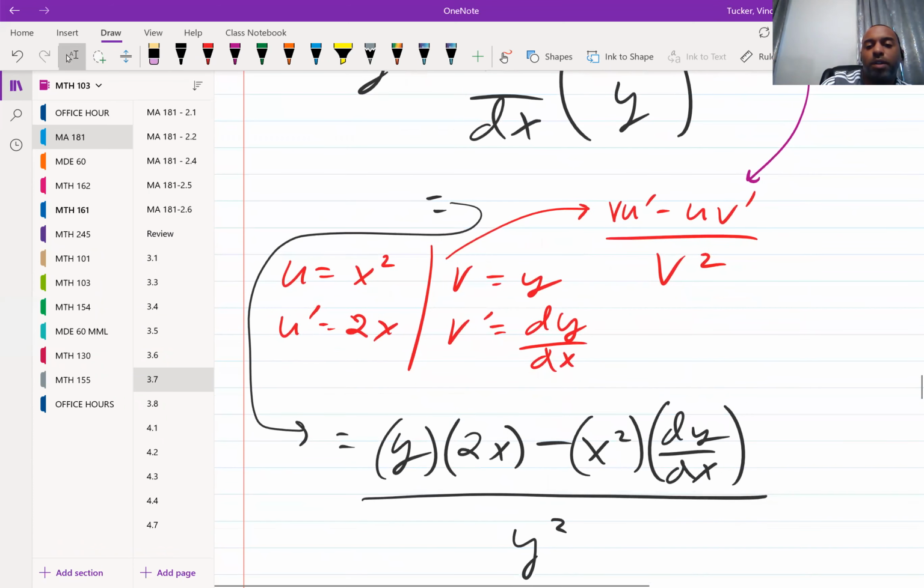All right, so plug in your pieces. We have y times 2x minus x squared times dy/dx, over y squared. And that's just plugging it in according to the quotient rule.